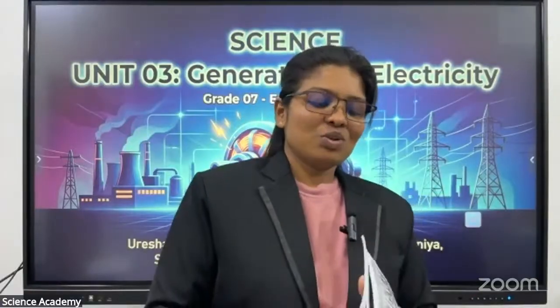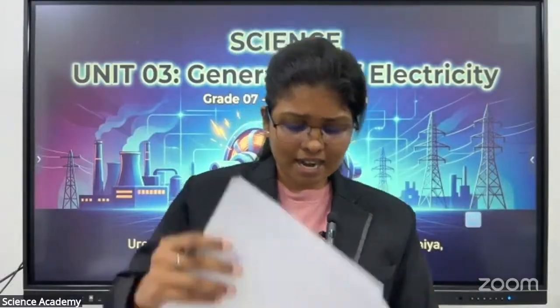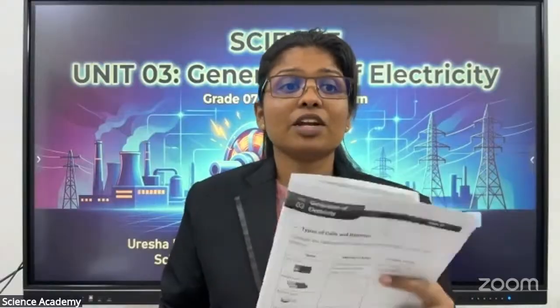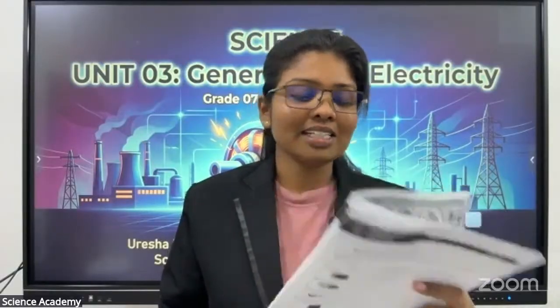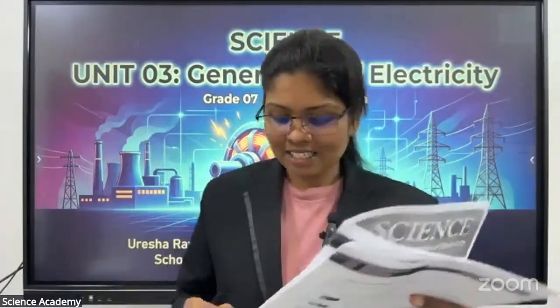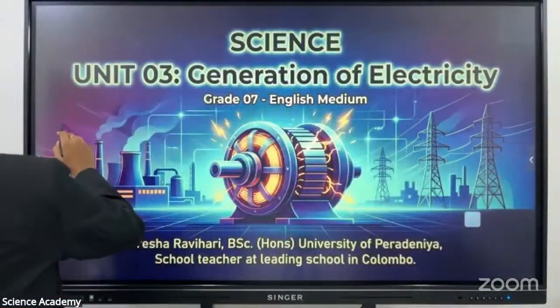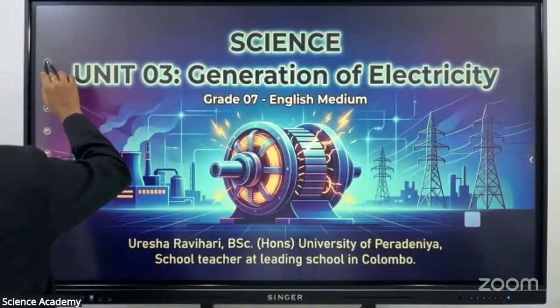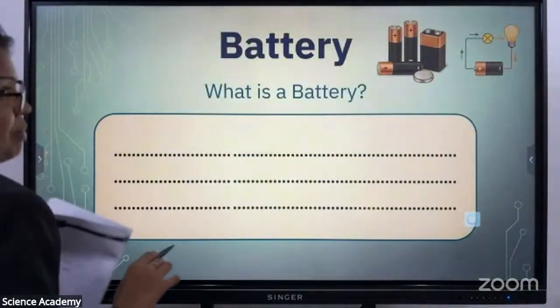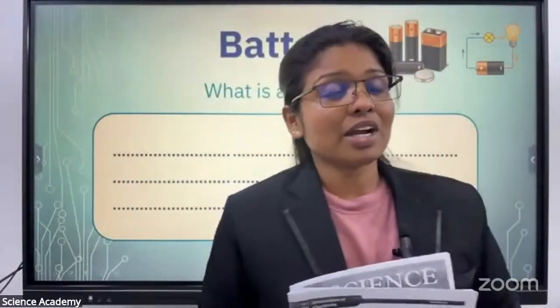Okay, right. So children, now we are going to discuss what the differences are between batteries and cells. Now turn to page number 7 of the tube, tube number 3. We are going to write down the differences between batteries and cells. Previous week we defined what a battery is.